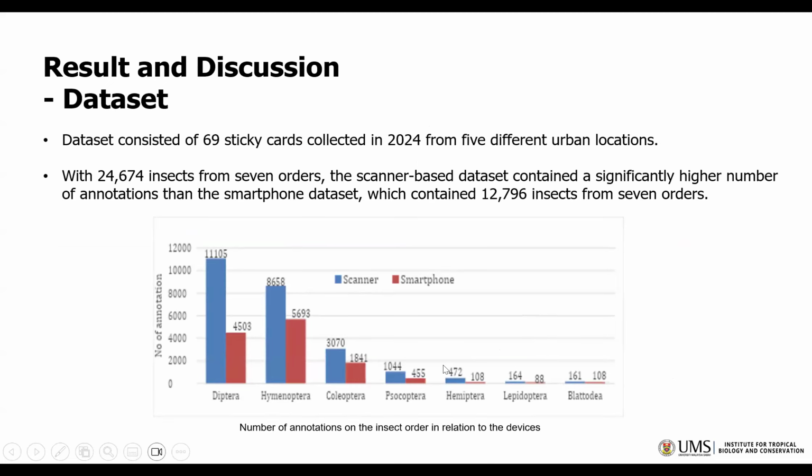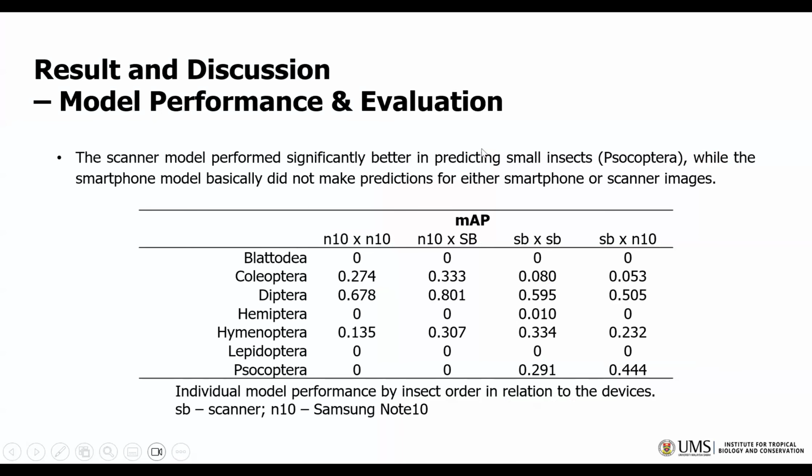So does that mean that your detection depends on the number of records in the data set? This data set, I collected it in the field from urban environments, because in Malaysia, light traps are placed in eating areas. So I took the flyboard, scanned it, and took a smartphone picture.